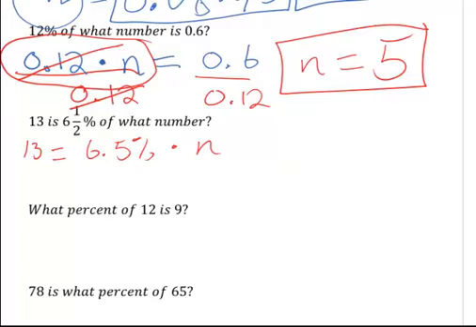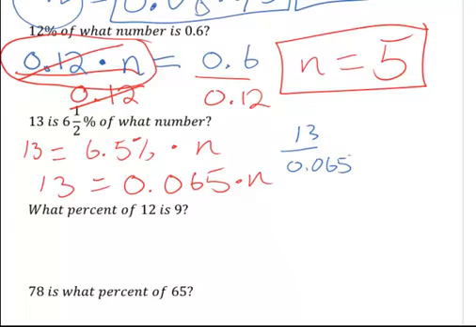So I'm going to go ahead and do the same thing I did before. I'm going to write 13 equals 0.065 times n. Again, if you notice, I'm multiplying by 0.065, so I need to do the opposite, which is to divide. So I'm going to take 13 divided by 0.065 equals 0.065n divided by 0.065.